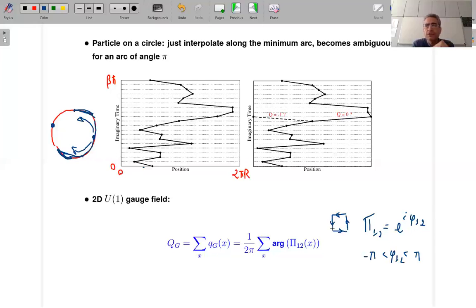And this is integer valued because in any case you are on a compactified discretized lattice, which is a torus. So in any case it is integer valued, but also in this case you can have ambiguities, for instance when the phase of the plaquette is sitting close to π, okay, and when you cross π you may change Q by 1 unit by a continuous modification of the gauge fields.